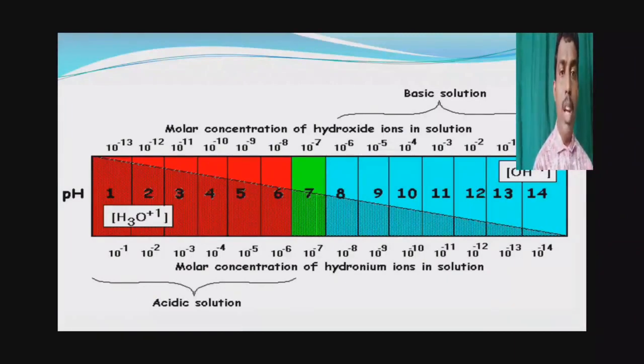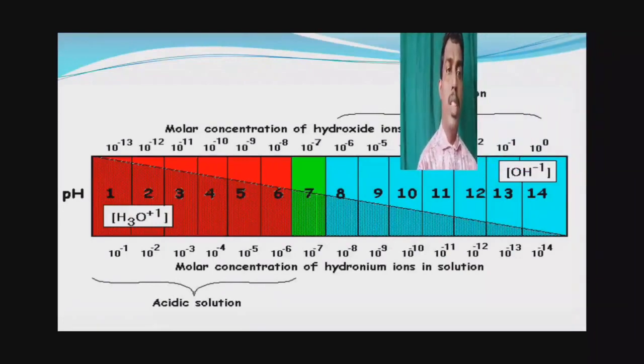If H plus is 10 power minus 3, OH minus is 10 power minus 11. If H plus is 10 power minus 7, OH minus is 10 power minus 7. If H plus is 10 power minus 14, OH minus is 10 power 0. The sum of pH value plus pOH value is always 14.